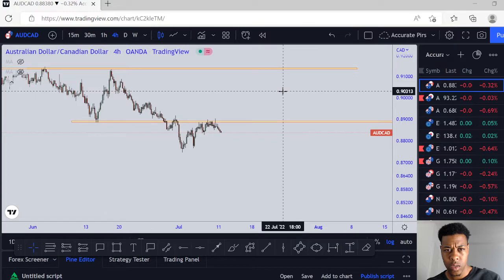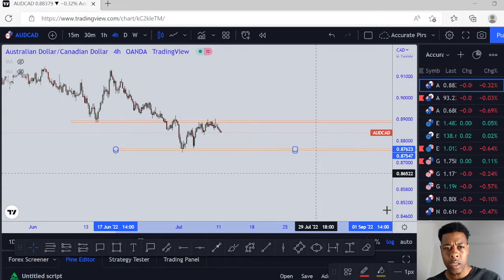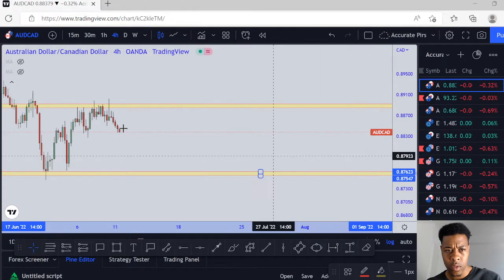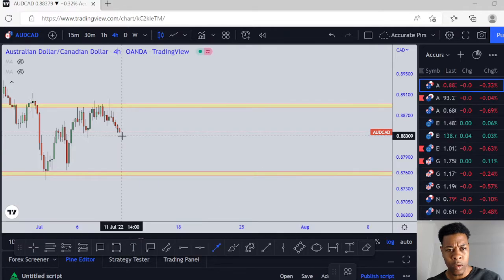Now what I'm looking for on AUD CAD is this level right here to form as our new support level. I would want price to push down to this level and see how it reacts.